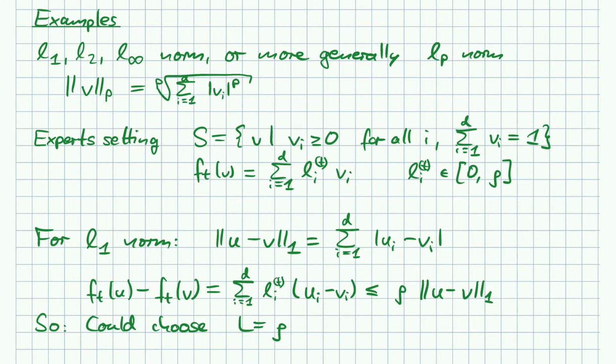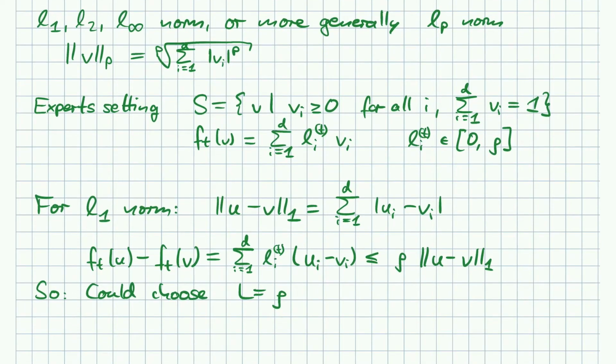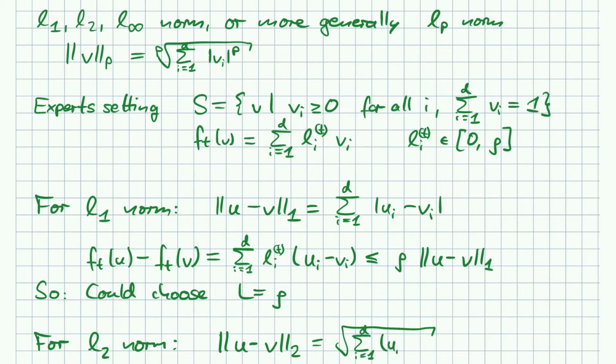But we could also consider a different norm and do the same kind of bound. Namely, if we were considering the L2 norm, so the Euclidean norm, then the norm of u minus v is the square root of the sum of the squares of the components.